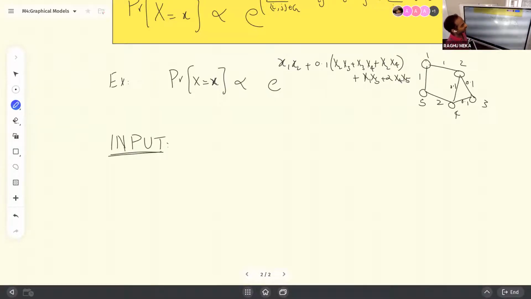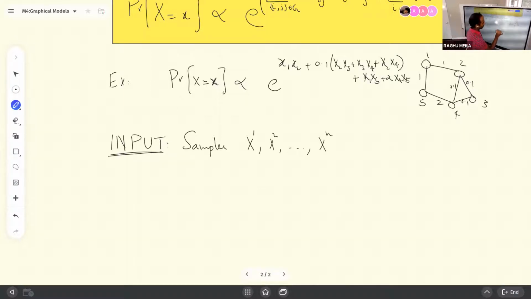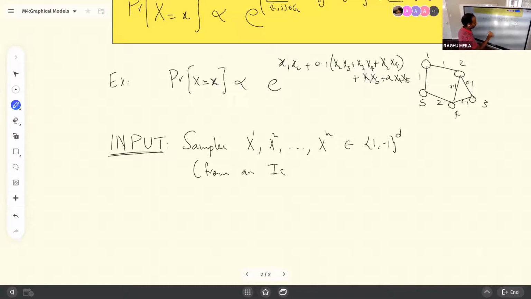I'm giving you samples x1, x2 up to xn in {1, -1}^d from an Ising model. And our goal is to learn the graph G.